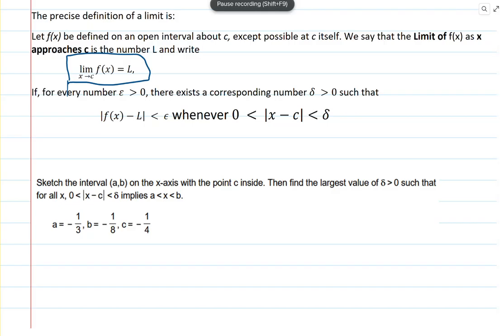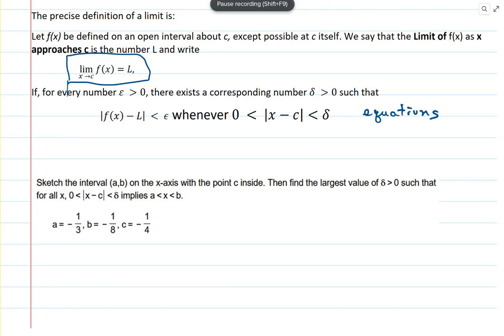Okay, if for every number epsilon greater than 0, now epsilon is that Greek letter that we're using for our distinction of output, there exists a corresponding delta greater than 0 such that the absolute value, and these are our equations, if you will, we need to write those down for the time being to make sure they solidify as we go into our worksheet on Thursday.